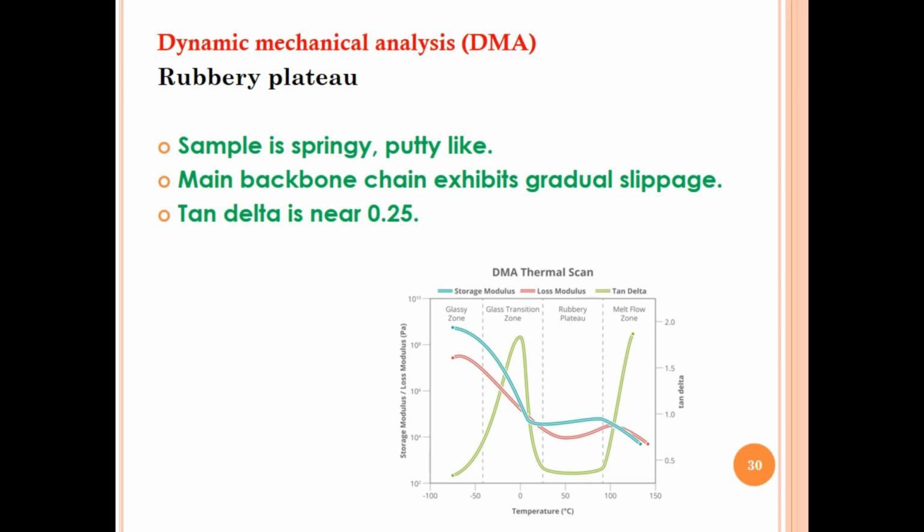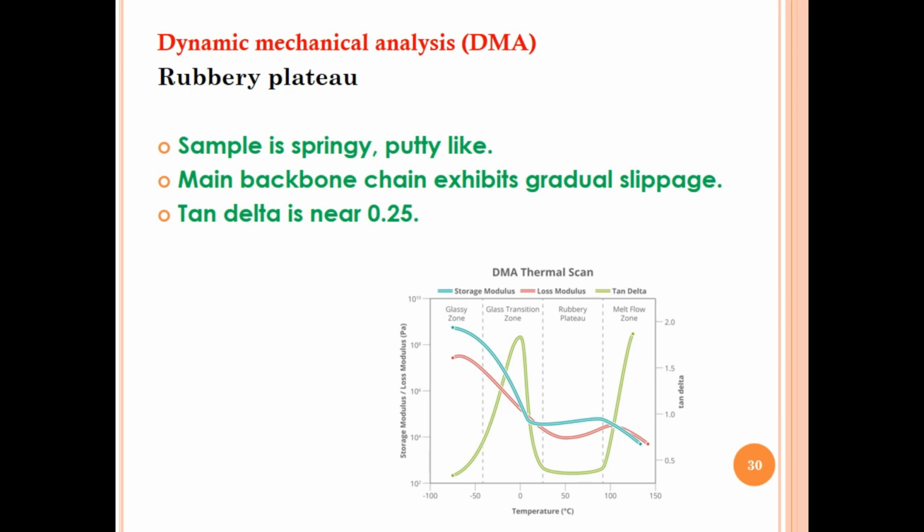Now, the third zone in the DMA thermal scan is the rubbery plateau. The sample is springy. The main backbone chains exhibit gradual slippage. Tangent delta is near 0.25.